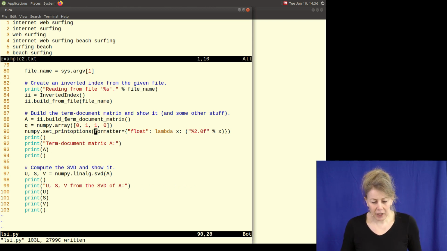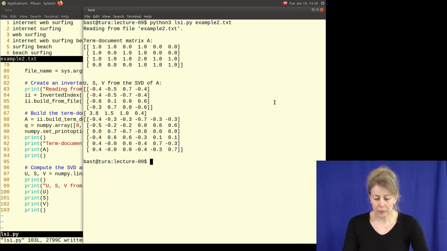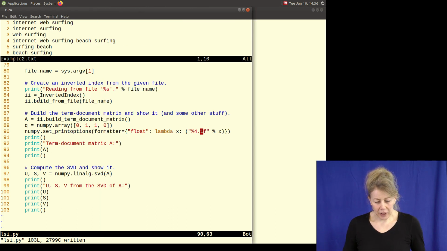And because these matrices now will not be purely integers, let's write 1 digit after the dot. And let's maybe for now add another new line here.